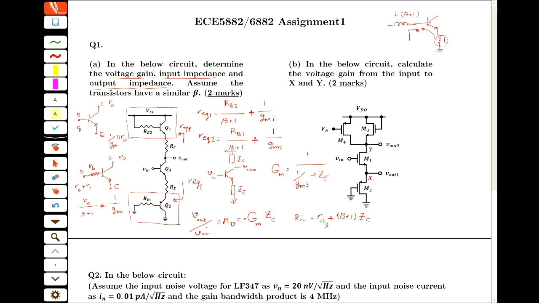Because the biasing conditions are different. Can we ignore 1 by GM3 as compared to ZE? No, of course not. Because this becomes a common integer and then it's minus RC by RE. No, you can't.